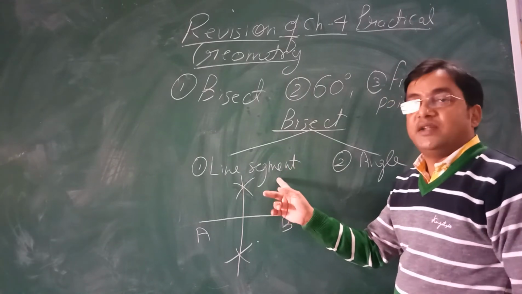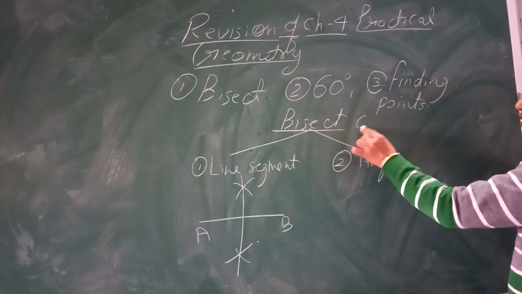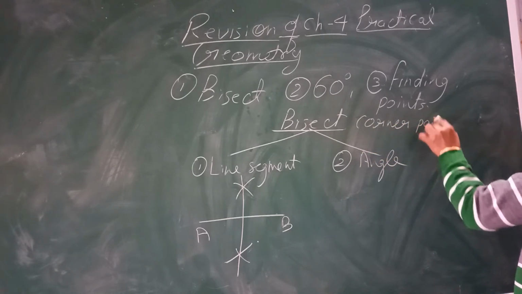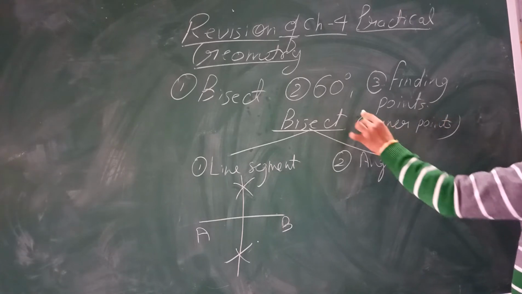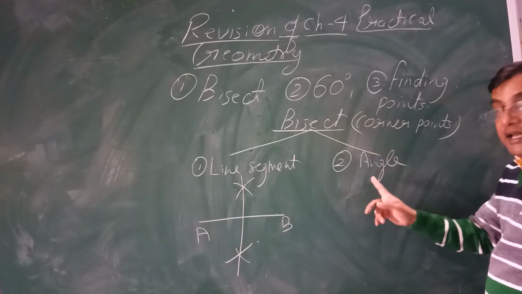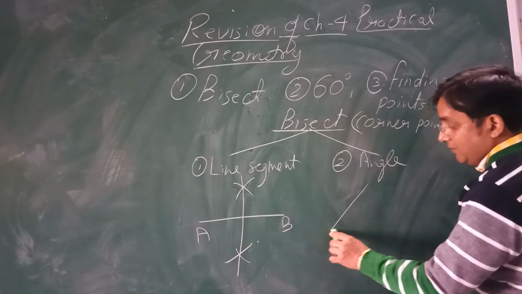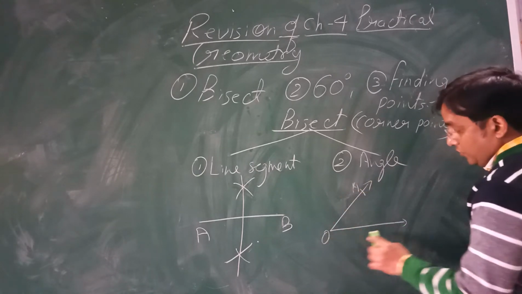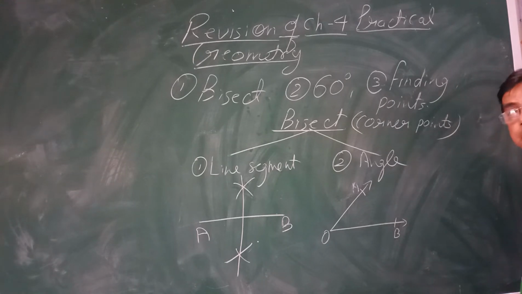So whenever you have to bisect, always look for the corner points. Let us come to an angle. We have been given an angle here, AOB.